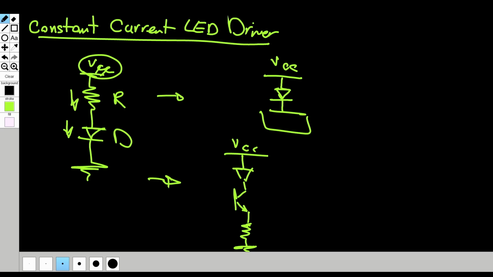As you might probably already know, NPN transistors, and even PNP transistors, are current controlled devices. It means that we need to have some amount of current through the base of this transistor in order for this transistor to turn on, right?